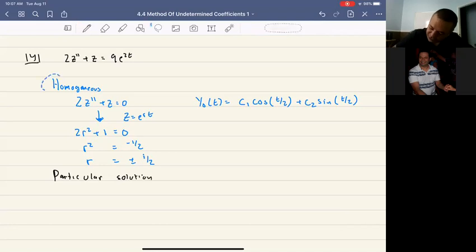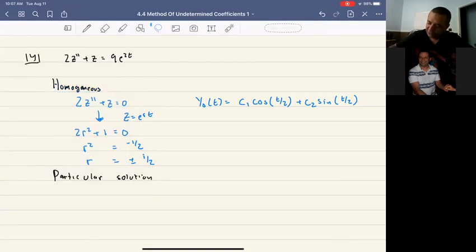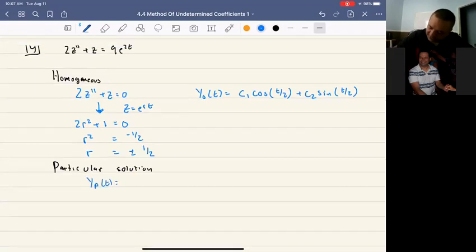Let me change that. So our particular solution is going to be yp of t, and I'm going to make it some a e to the 2t.